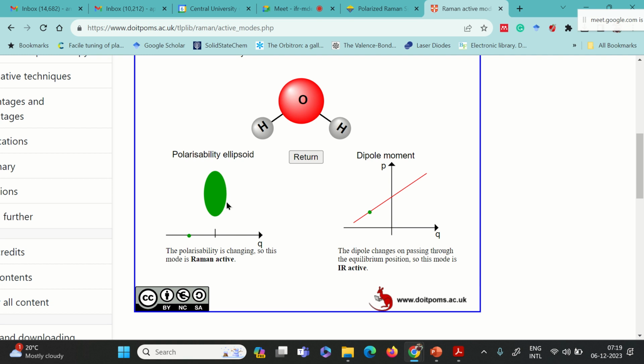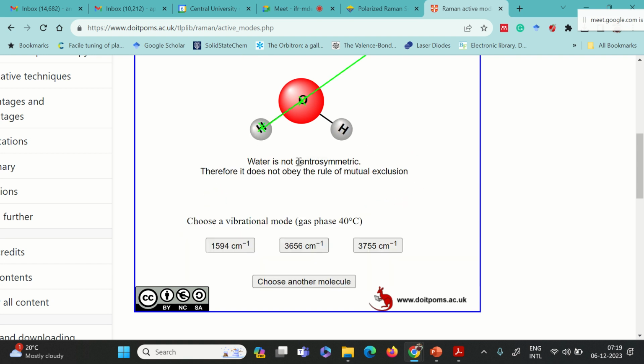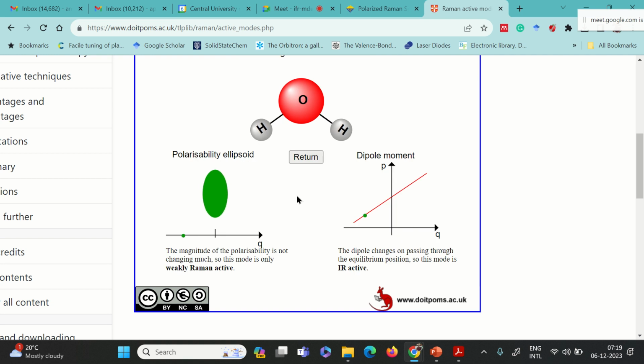So because of the change in ellipsoid size, it is Raman active. And if you look at the dipole changes, that is also drawn on the right hand side, and because of this it is IR active. Now check the other one, bending mode.